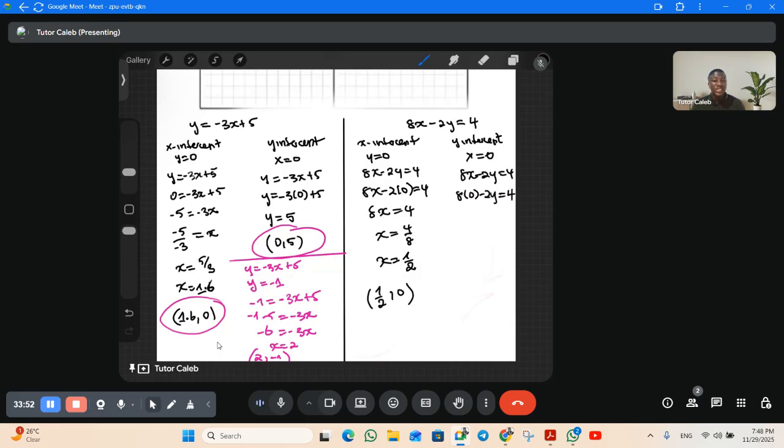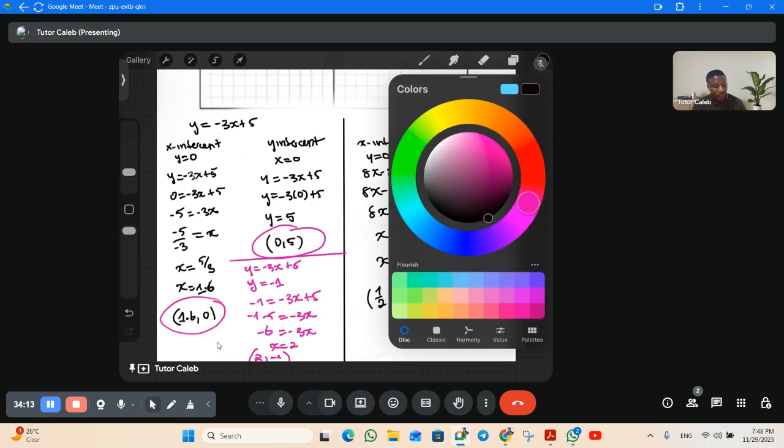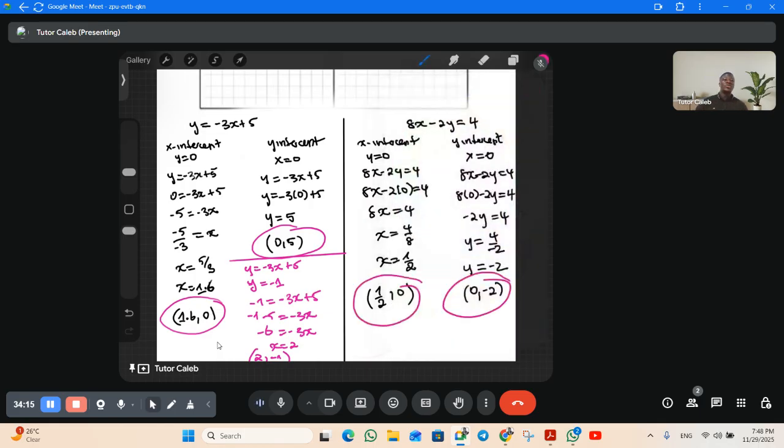If you divide both sides by negative 2, y equals 4 over negative 2, so y equals negative 2. So the y-intercept is 0 and negative 2. Now, we have all the points we need in order to draw the two lines.